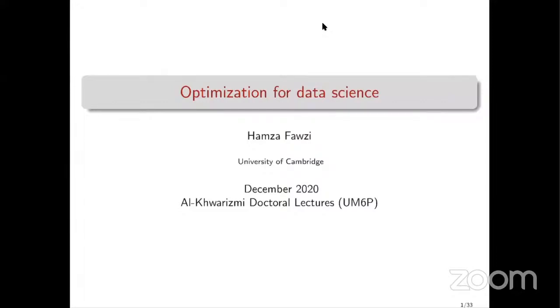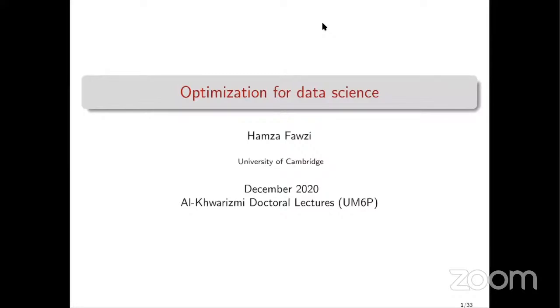Just to recap, in the first session we looked at a quick preliminary of some very basic convex analysis and convex properties of convex functions. Recall the definition of a function being L smooth and a function being strongly convex. Remember, these were the key definitions that we saw.